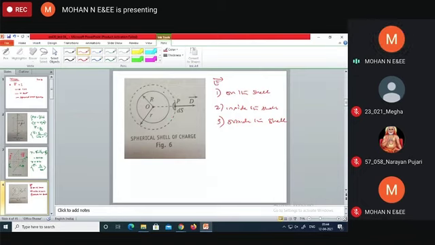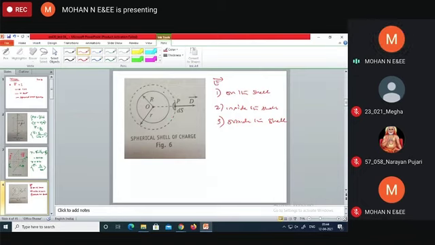So the charge inside the shell is nothing but 0, and you will not have any field inside the spherical shell. This is what we have discussed for the spherical shell, and this is the variation of E for a spherical shell.